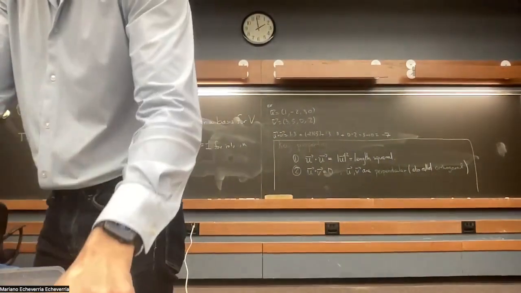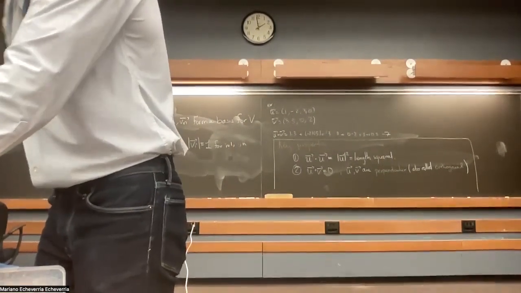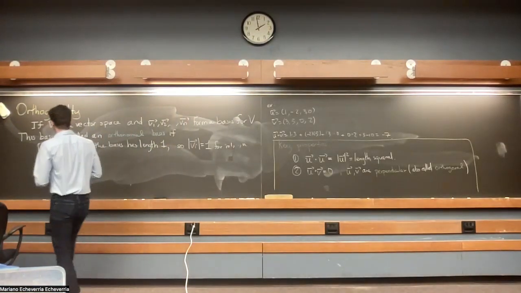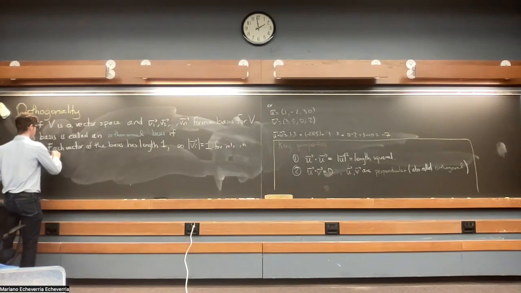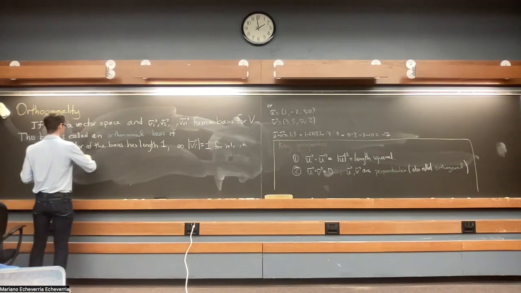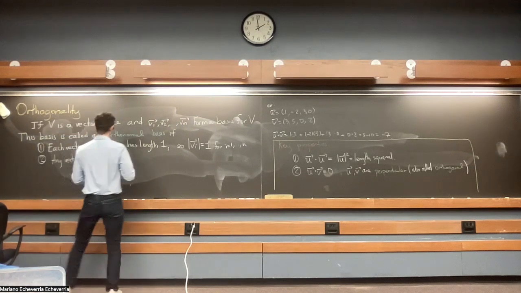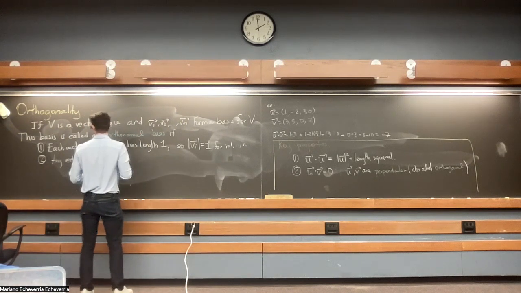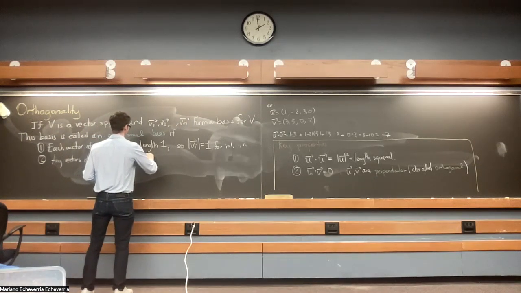Let me write that down. Any two vectors of this basis are orthogonal, or perpendicular, to one another.